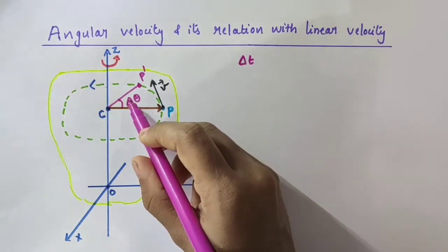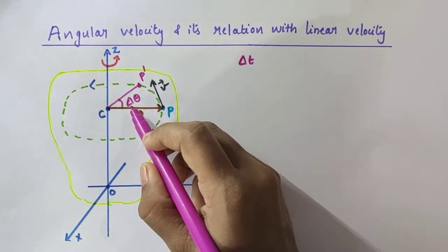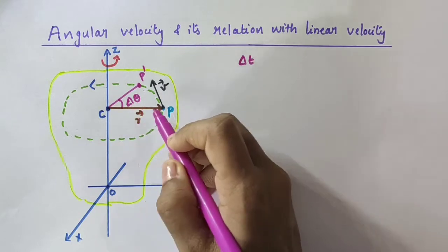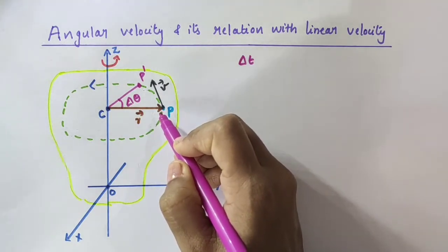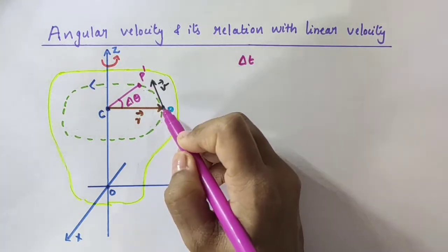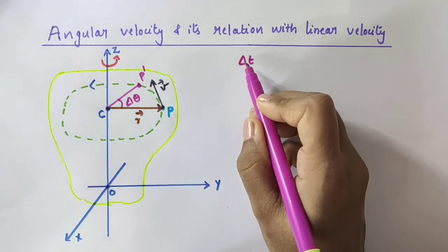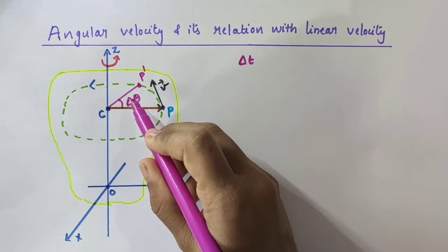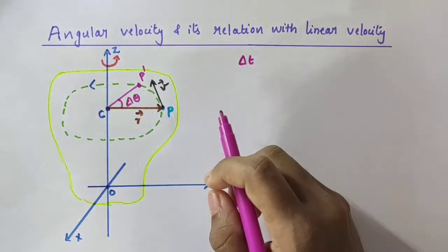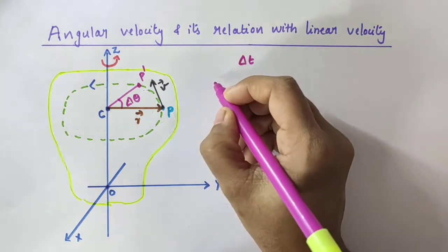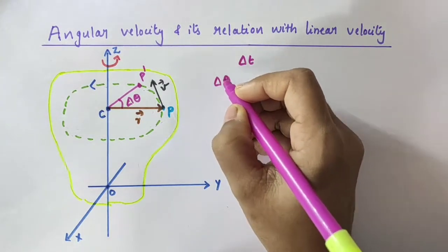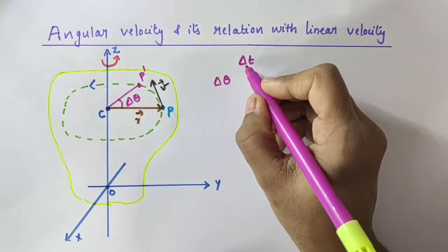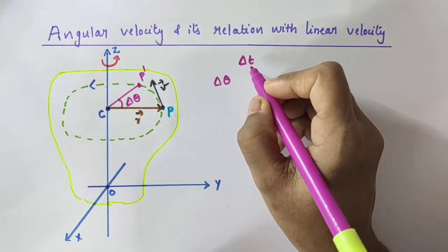Delta theta is the angle in radians through which the particle at P has rotated in time delta t. So we can say that delta theta is the angular displacement of the particle in time delta t. Here delta theta is the angular displacement and delta t is the time of rotation.